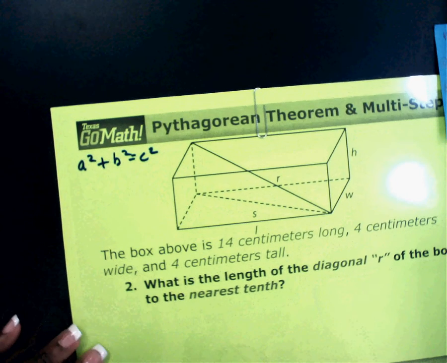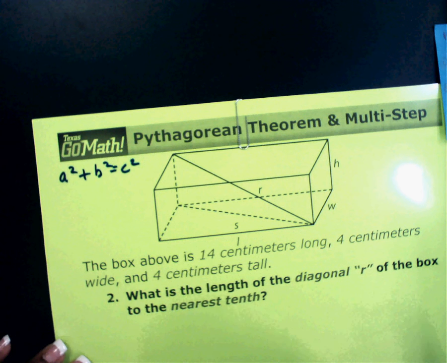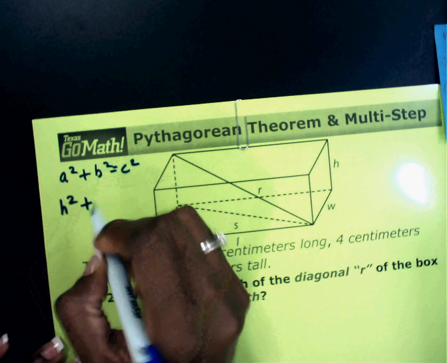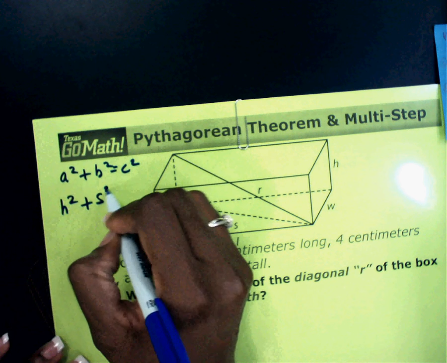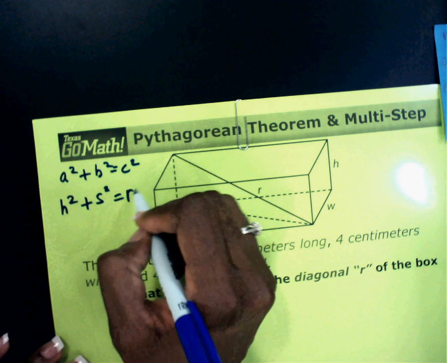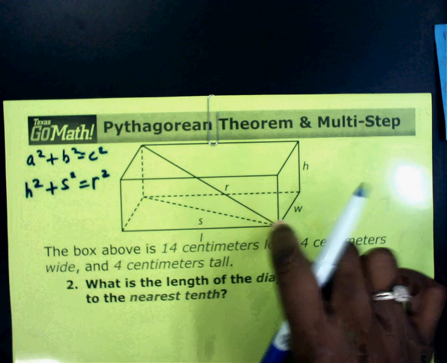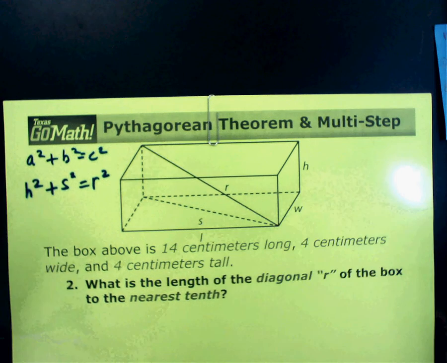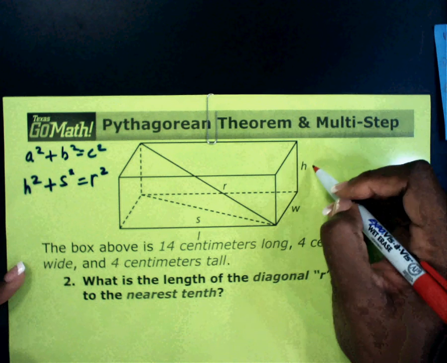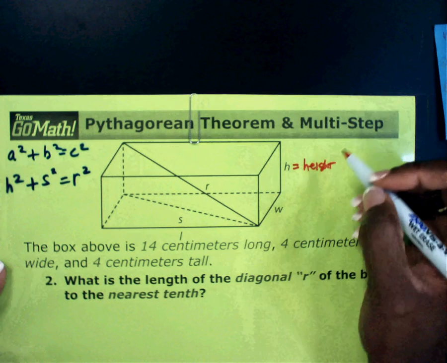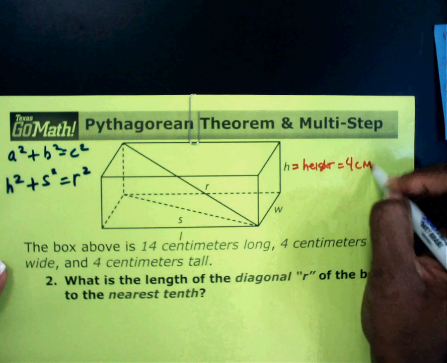But the variables that we will use for step two are h squared plus s squared equals r squared. If we go back to our original rectangular prism, h is our height, and our height is equal to 4 centimeters.